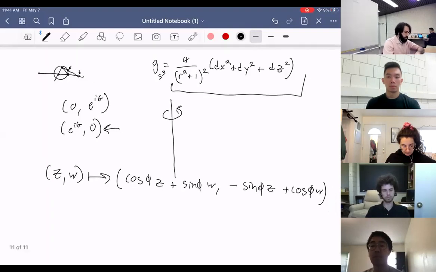So this is just a rotation of the two complex planes, which is an isometry in R4, so it's going to be an isometry on S3.